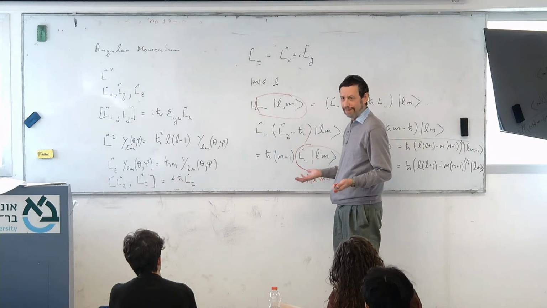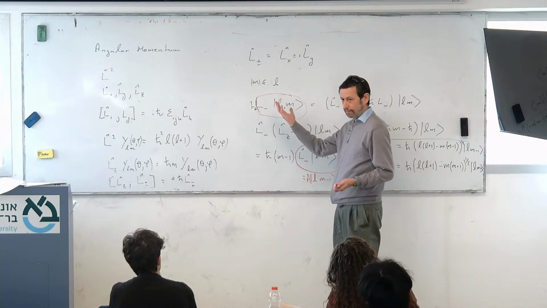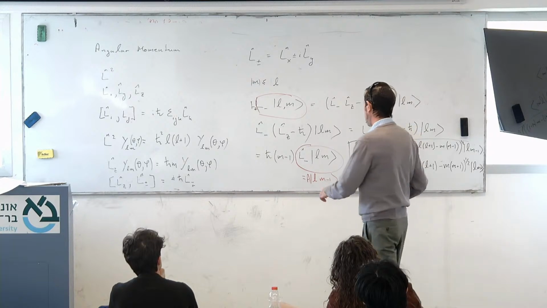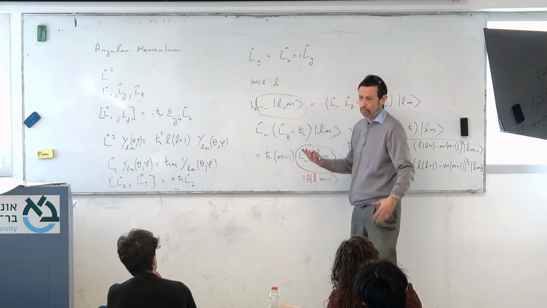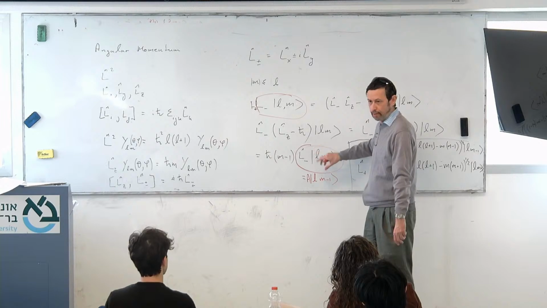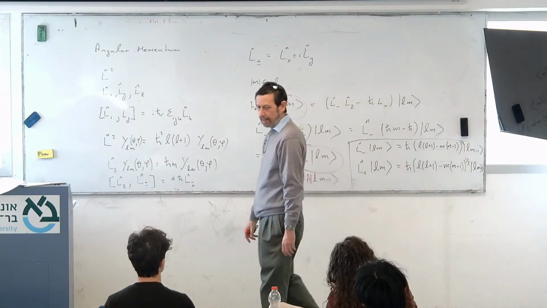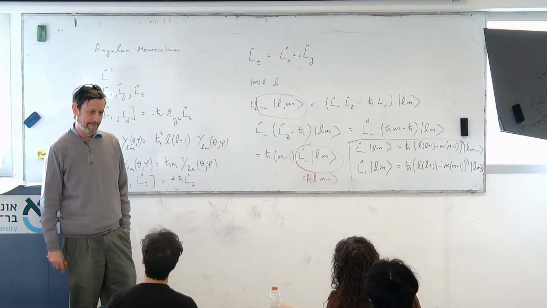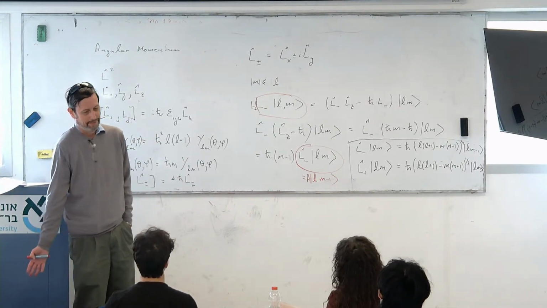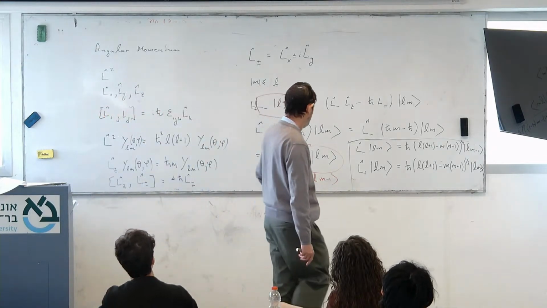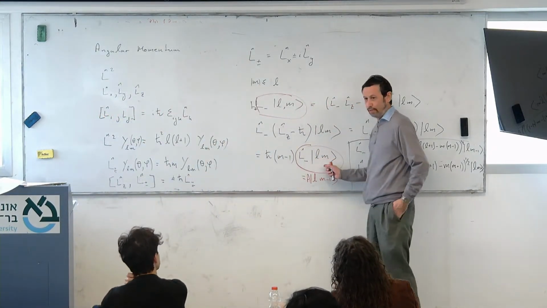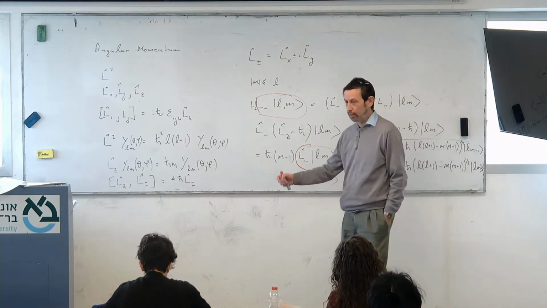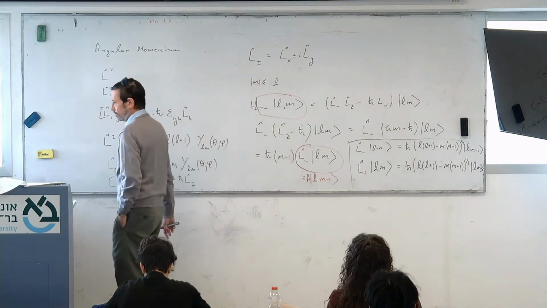It's an eigenfunction of Lz with an eigenvalue of h bar (m minus 1). Which means that the state that appears here is just L with m minus 1, because operating with Lz on it gives me that result.